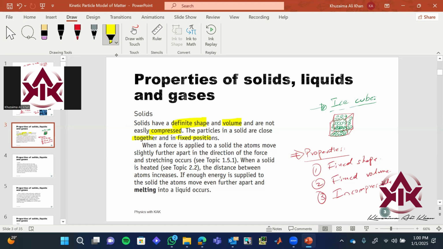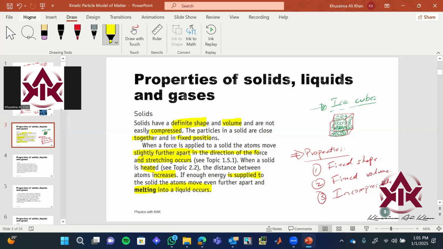When a force is applied to a solid, atoms move slightly further apart in the direction of the force and stretching reverses. When a solid is heated, the distance between the atoms increases. If enough energy is applied to solids, they move further apart. So they're explaining the process of melting over here.